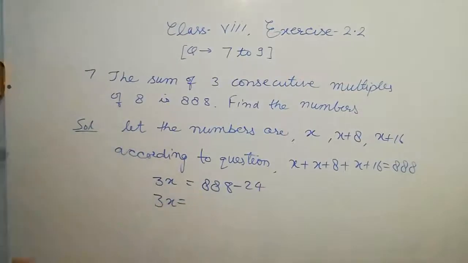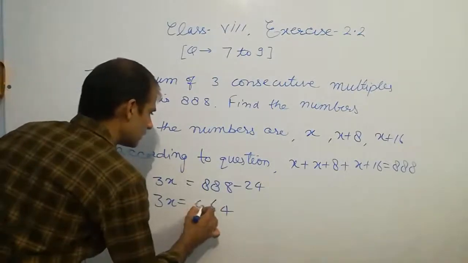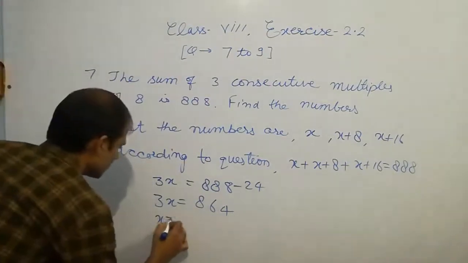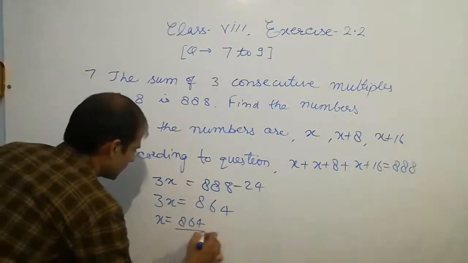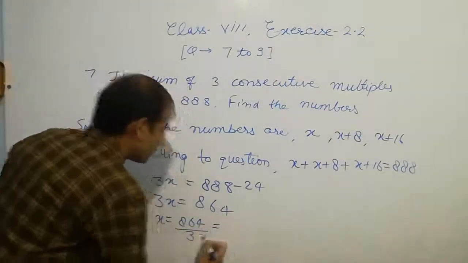Now what is the value of 888 minus 24? So it is 8 minus 4, 4, 8 minus 2, 6, and it is 8. So it is 864. Now x equals 864 upon 3. So what will be the answer?